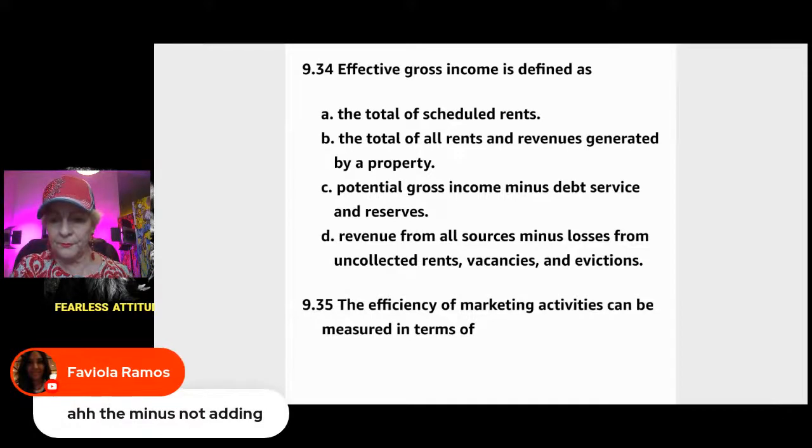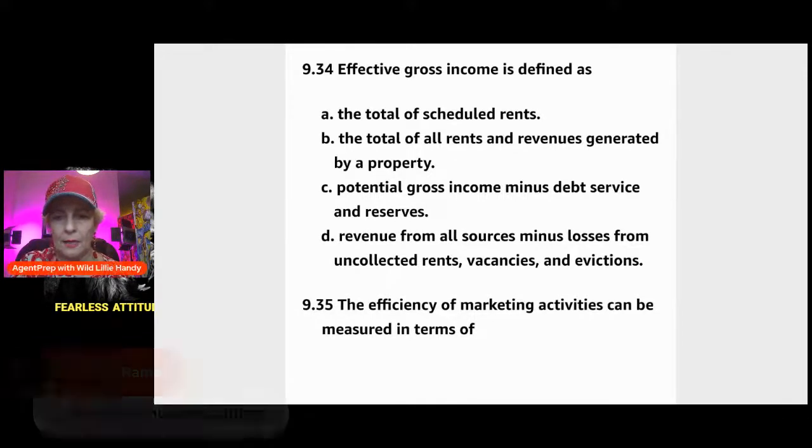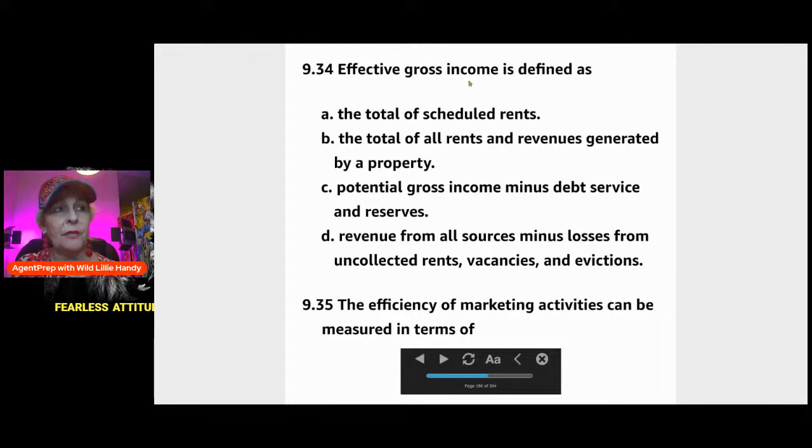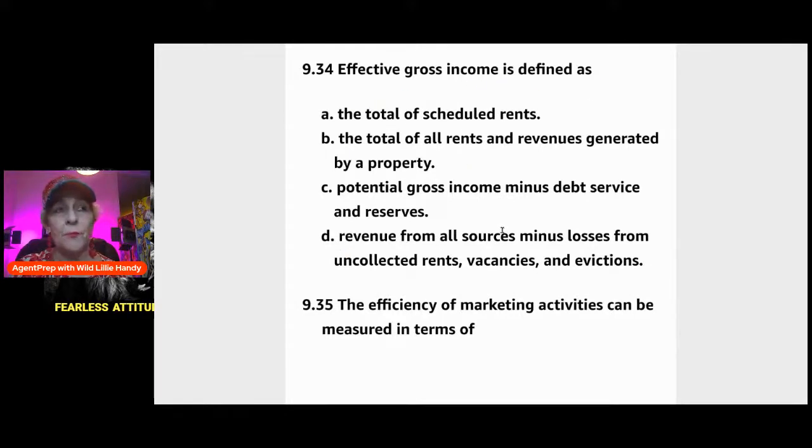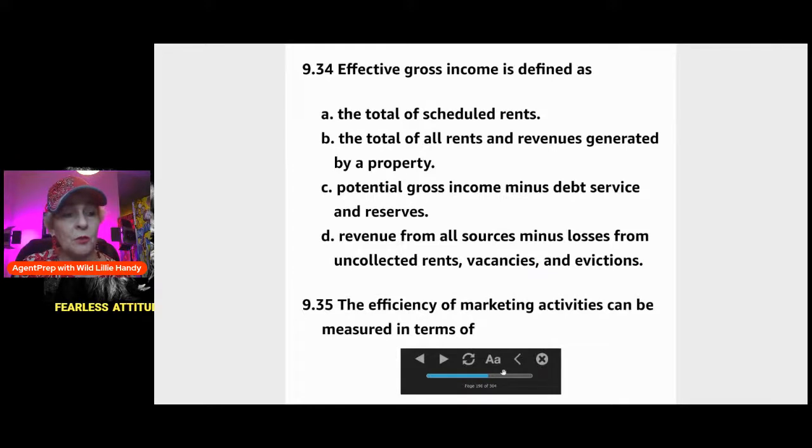Okay, so the minus, not adding. Yeah, losses are subtracted. So effective gross income is defined as revenue from all sources. You know, late rent, other penalties, any eviction fees, vending services, if you provide storage within the area, if you charge for garages, late fees for rents, utilities, if they haven't paid utilities, and contracts is the potential gross income.